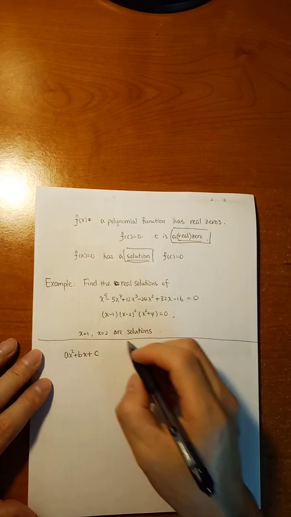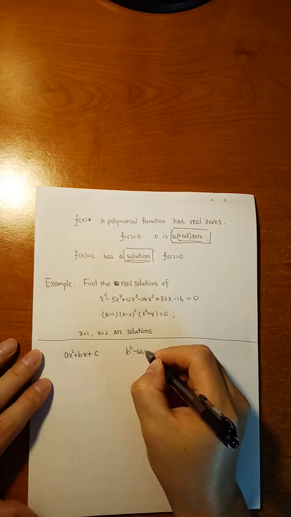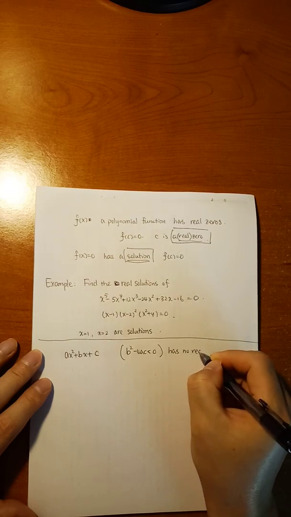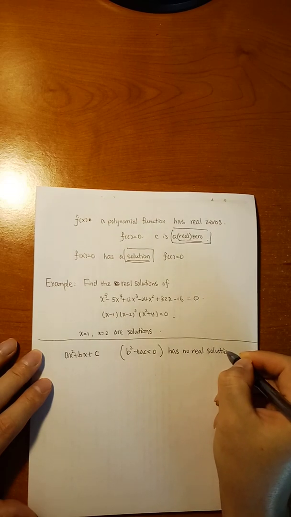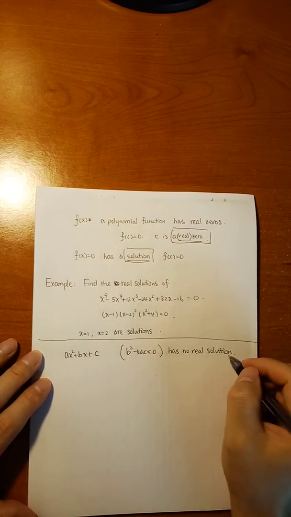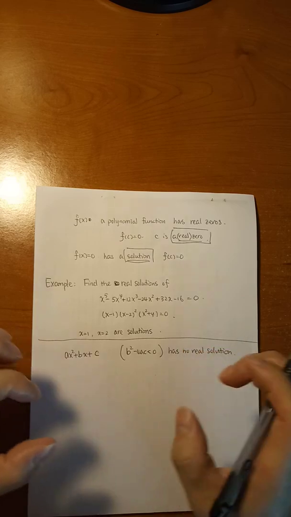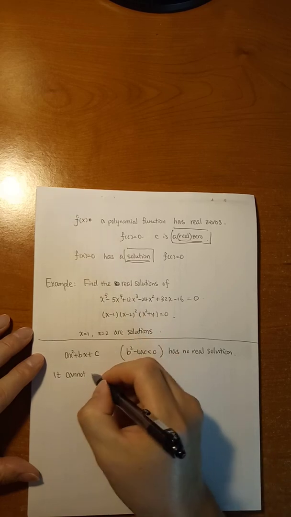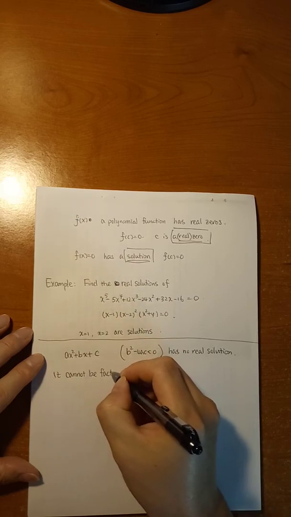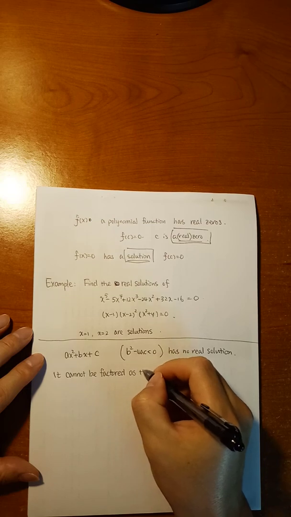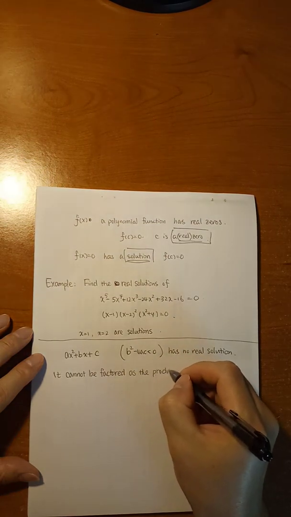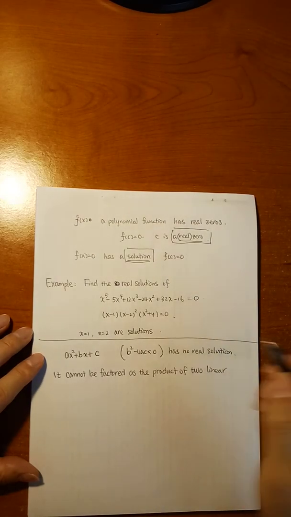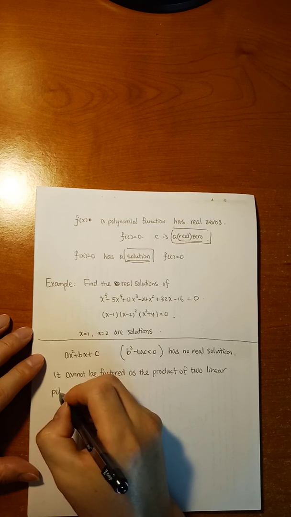For example, if b squared minus 4ac, the discriminant, is less than 0, it has no real solution, or no real zero. If it has no real zero, it cannot be factored as a product of 2 linear polynomial functions.